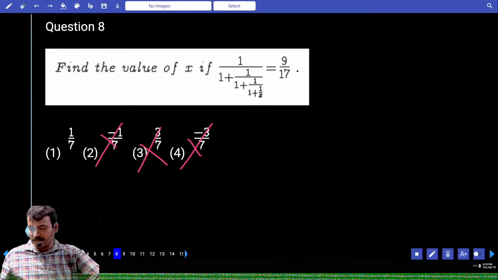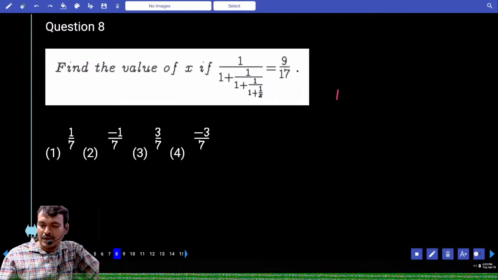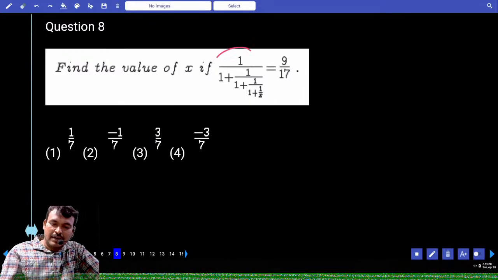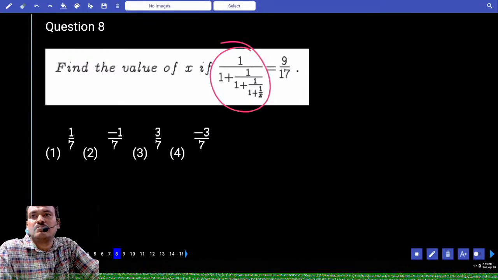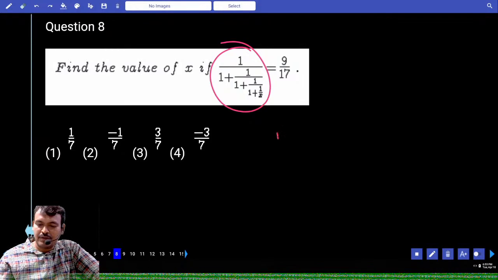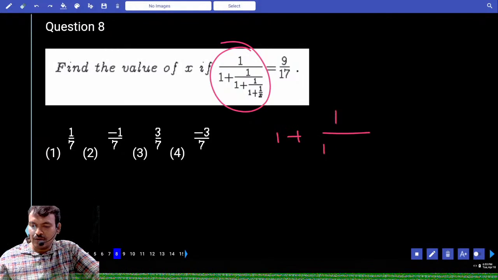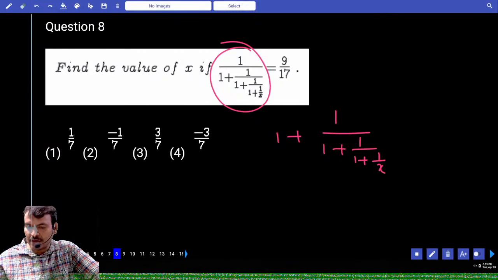First option. Or verify by reversing. Left hand side is 1 by something. That value we write as 1 plus 1 by 1 plus 1 by 1 plus 1 by x equal to how much? 17 by 9.